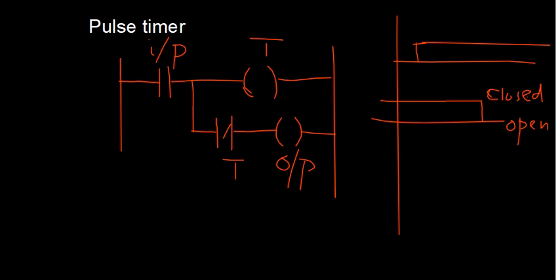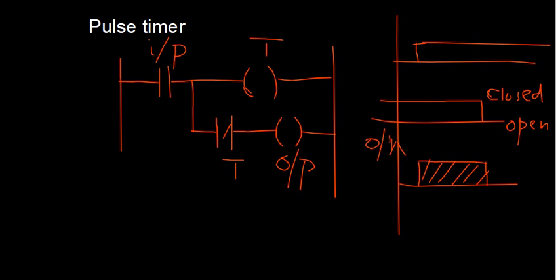So now what exactly happens, can you understand here? As we know, the pulse timers are going to give you the output for a certain interval of time, that is the predetermined interval of time. So whenever some input is initiated, right?